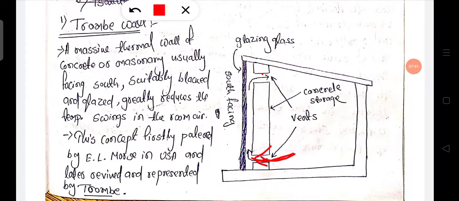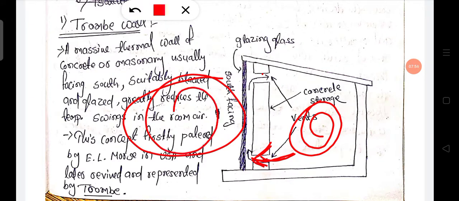If at night time there is no sun radiation or heat, we can stop the vents or the airflow, so there is no heat loss.